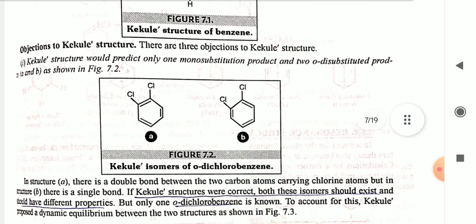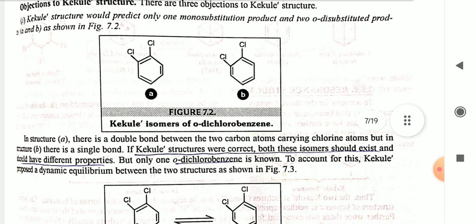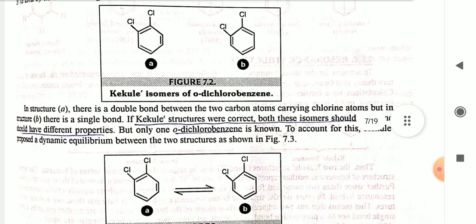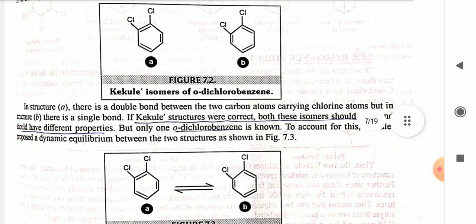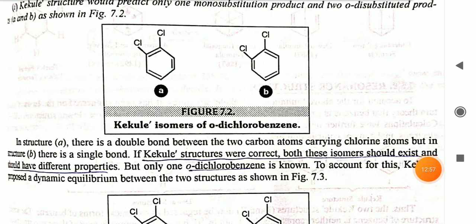Objections to the Kekule structure. There are three objections to the Kekule structure. First, the Kekule structure would predict only one monosubstituted product and two ortho disubstituted products, A and B, shown in figure 7.2. In structure A, there is a double bond between the two carbon atoms carrying chlorine atoms, but in structure B, there is a single bond.